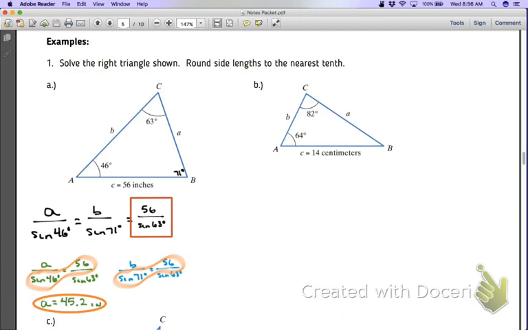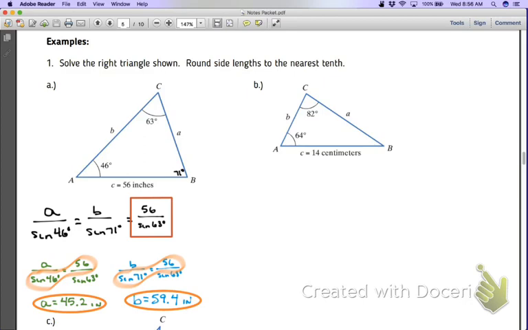Keep that value of about 52.949040023 in the calculator and then divide by sine of 63 degrees. Close the parenthesis, hit enter. My side length for side B is about 59.4 inches. And then we are done.